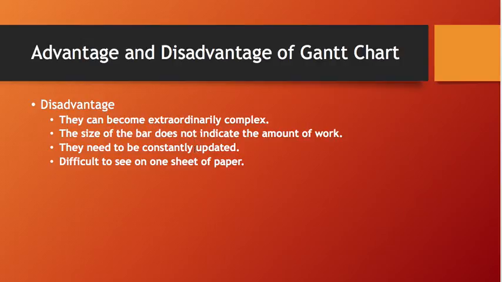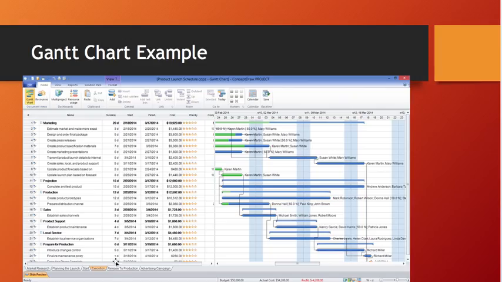Then you need to constantly update, which means if a task gets delayed, you need to constantly update the work. And it is difficult to see on one sheet of paper because some projects are huge. You cannot even list everything out, like minor or big events.